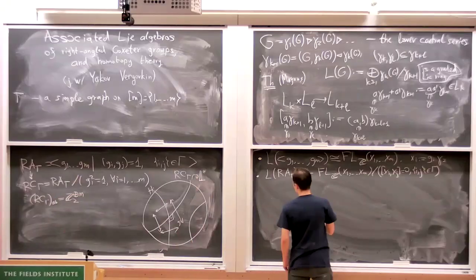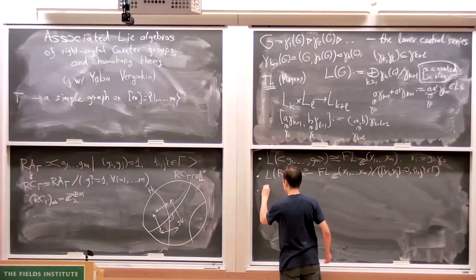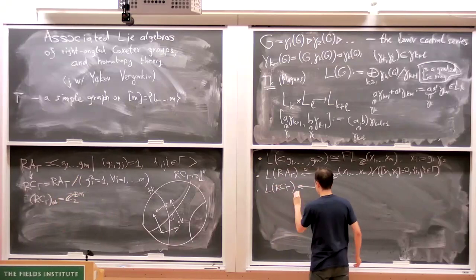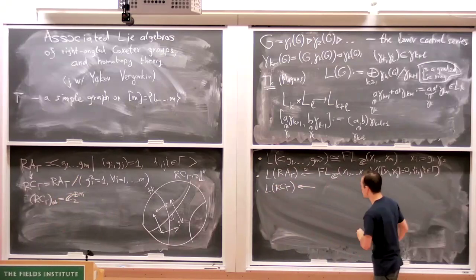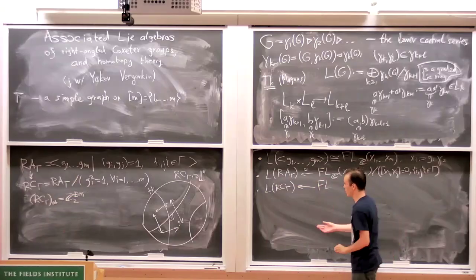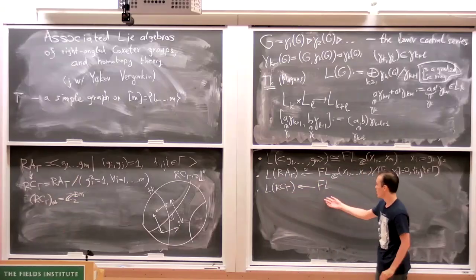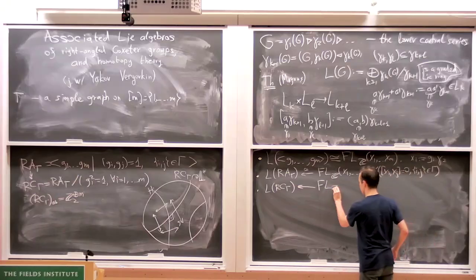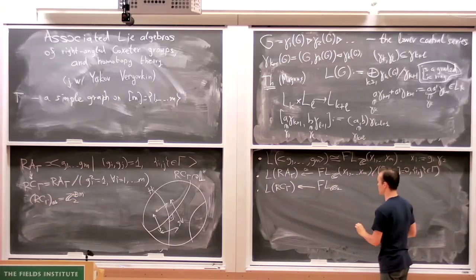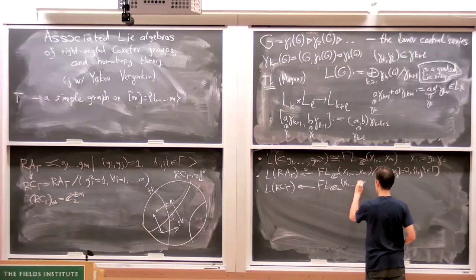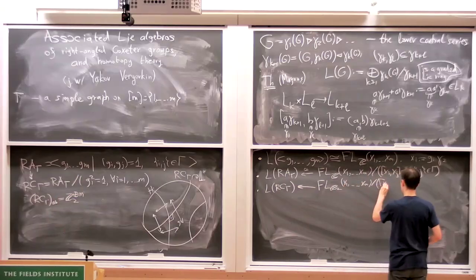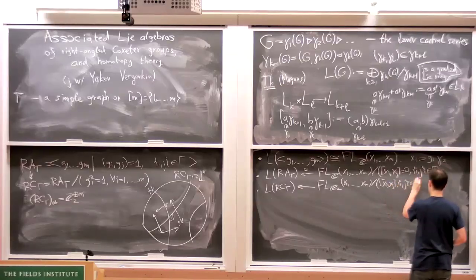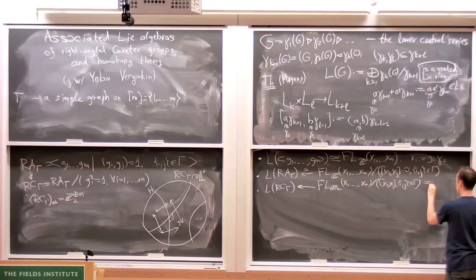But still, we can try to approximate it somehow. Since it is generated by elements of order 2, here we should consider the Lie algebra generated by elements of order 2. So it is a Lie algebra over the field of two elements. I would denote it by L Gamma.